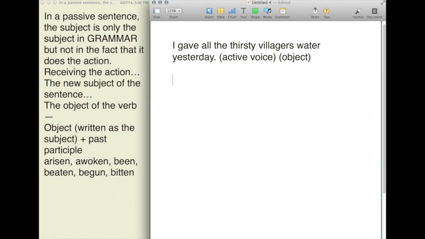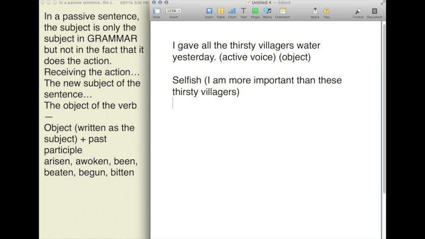When did I give them water? Yesterday. Now, if I say this sentence, it's a good sentence and sounds nice, but it makes me sound very selfish. It seems like I am more important than these thirsty villagers.